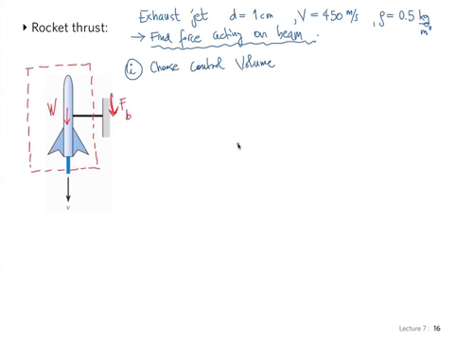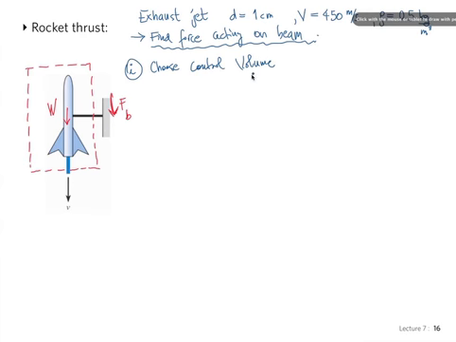And then we look at the different forms of forces. What forms of forces did we have? We had weight. We have the weight right here. We have a force because of interaction with an object, the beam. So we got that. Pressure forces. Okay, do we have pressure forces? Well, we actually don't have pressure forces because the exit pressure is atmospheric.